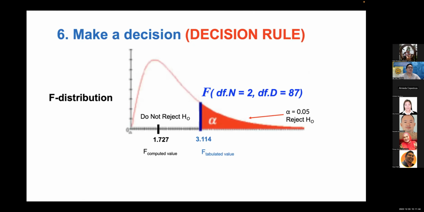So this is just one way of viewing our data, no? Using the values we were able to compute, we were able to cross-check across the F distribution table. So you can see our answer lies within the do not reject the null hypothesis.